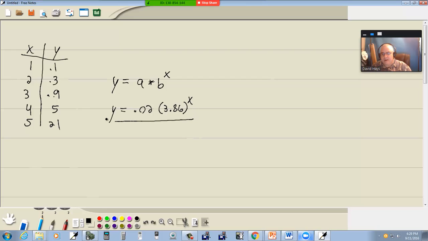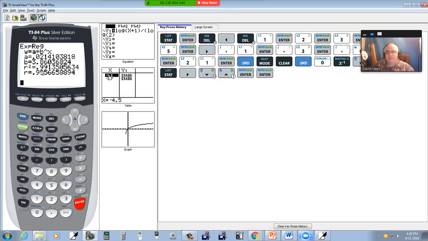And this would be our exponential function. Now the r squared and r tell us how good our model is. The closer it is to +1, the better for the r squared. Now the r can be +1 or it could be -1, but the closer it is to those, the better the model is. Now these are pretty close to 1, so that means it's a pretty good model.